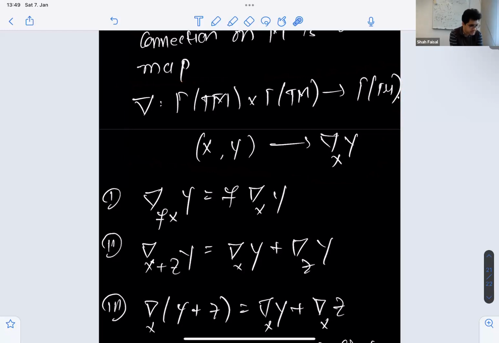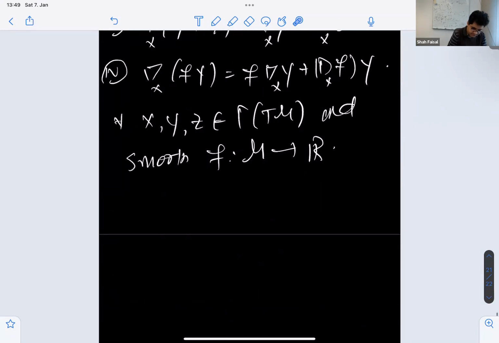And there's a theorem that every smooth manifold has at least one affine connection. I mean, there are many, but there exists at least one derivative like this. And we don't call it a derivative for other reasons, but it's basically a derivative of one vector field with respect to another.